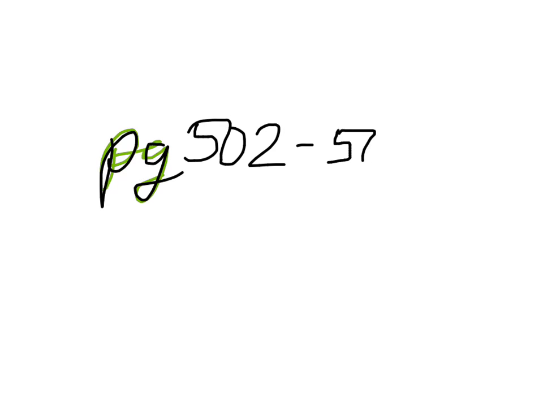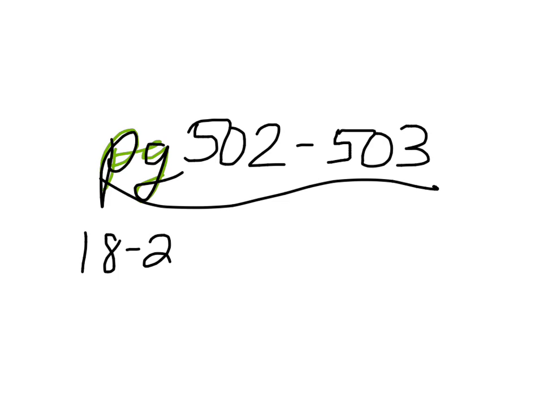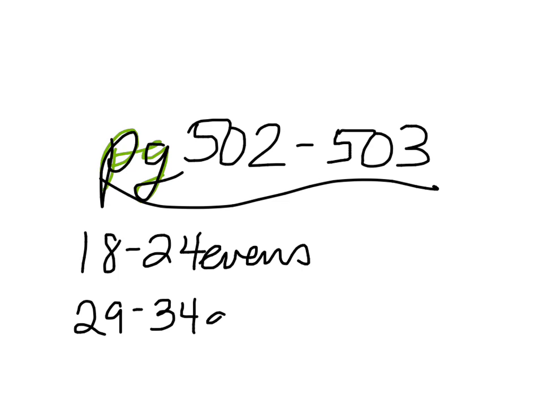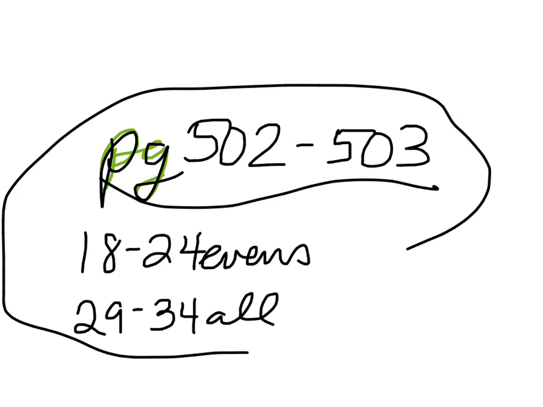So on pages 502 to 503, 18 to 24 evens, and 29 to 34 all. Those last ones, from 29 to 34, they're just matching.